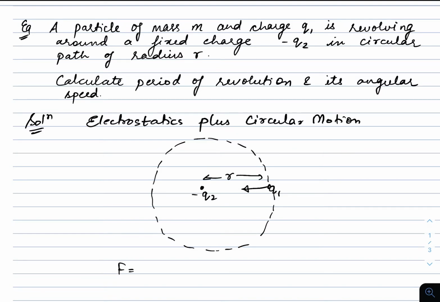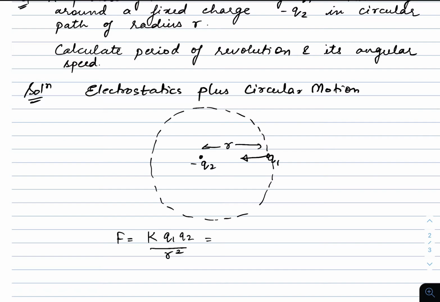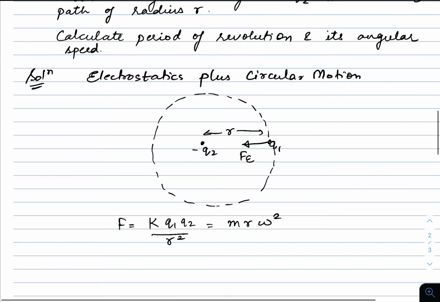F is equal to k q1 q2 divided by r square, and that should be equated to m r omega square, right? Because this electrostatic force is providing the net centripetal force. So centripetal force is m r omega square. So we can directly equate the force to centripetal force, right?